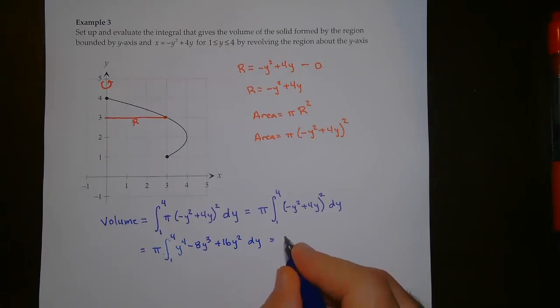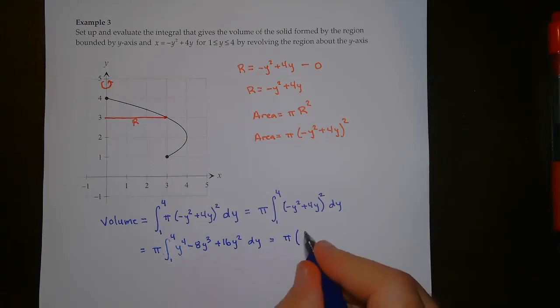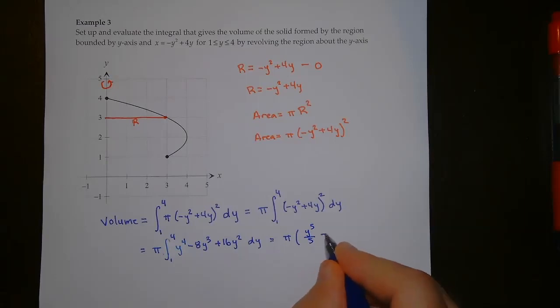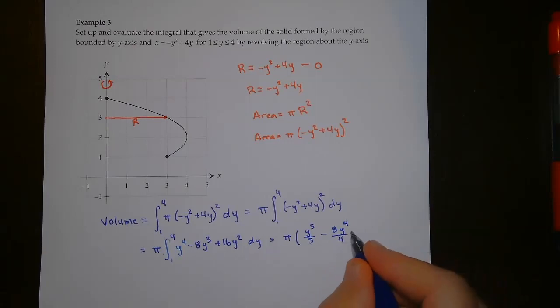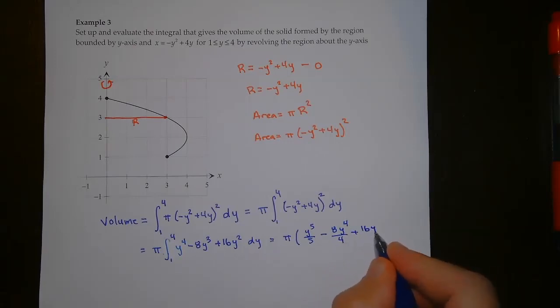Okay, so that'd be pi times y to the fifth over 5, and then minus 8y to the fourth over 4, and then plus 16y cubed over 3. And then we want to evaluate this from 1 to 4, right?